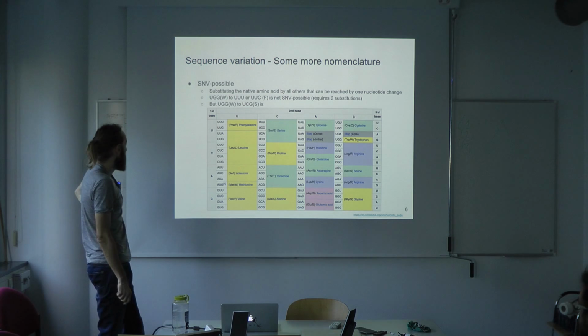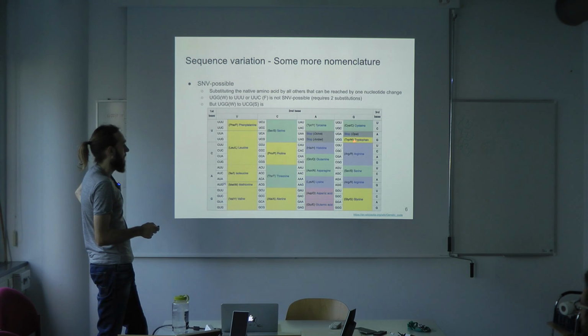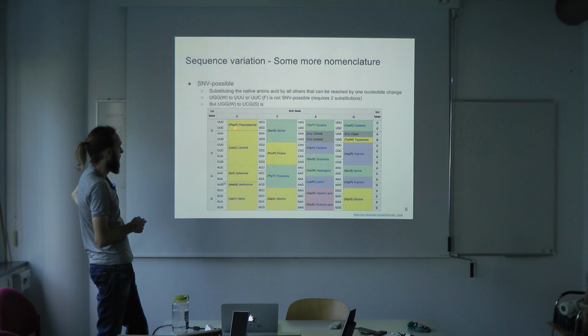For example, if we look at UGG, which codes for tryptophan here, what can we do? We want to go to phenylalanine up here. This is coded by UUU or UUC. And we have UGG.